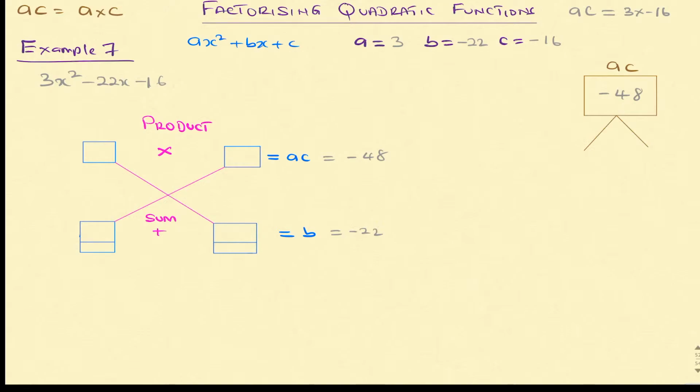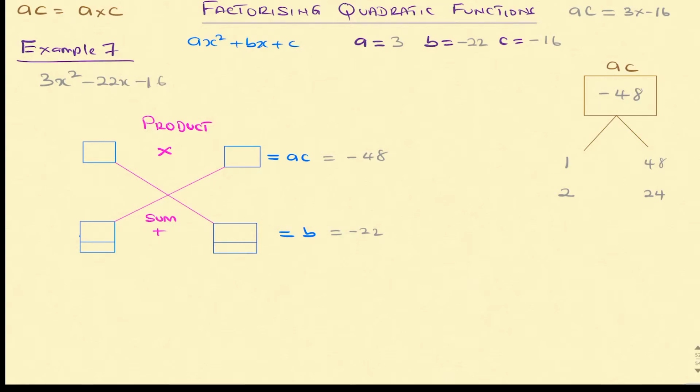We need two numbers we can multiply together to get minus 48, and when we add them together we get minus 22. We always start with 1, 48. Well, 1 plus 48 is 49, so that wouldn't work. I'll start with 2 and 24. Well, 2 plus 24 is 26.